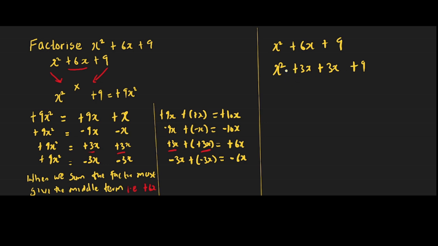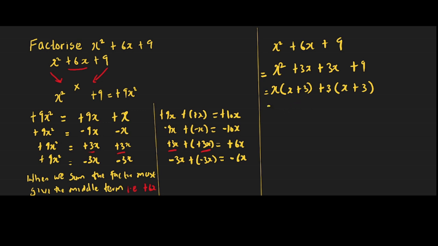We have 4 terms here, so we group them into 2. x squared and plus 3x. What is the highest common factor here? The highest common factor here is x. So we have x bracket x plus 3. Then we have plus 3x and plus 9. What's the highest common factor here? Plus 3. Then we have x plus 3.